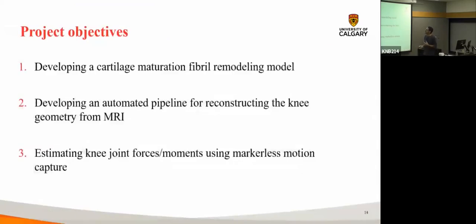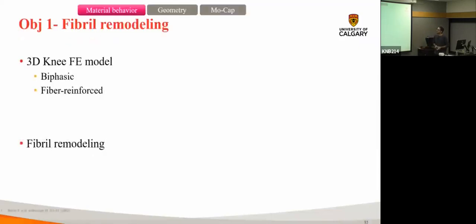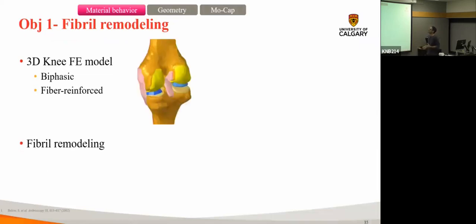So these are the objectives: fiber remodeling, developing an automated pipeline for reconstructing the knee geometry, and lastly, estimating knee joint forces and moments using markerless motion capture. So again, I go back to each of these major steps in simulation in detail for the methods and the results.